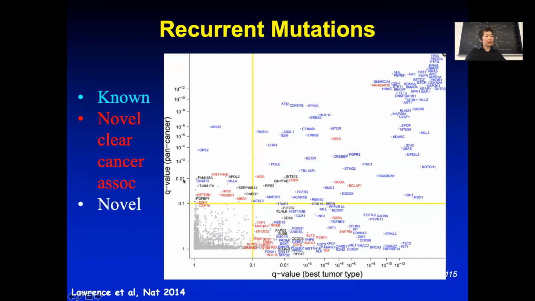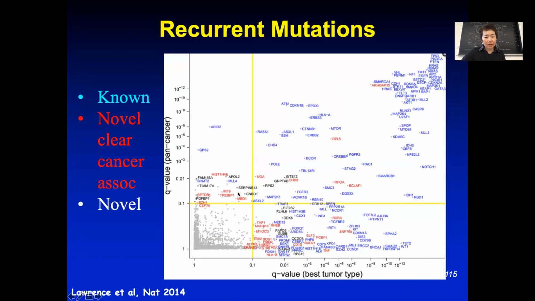By this time, TCGA has 33 cancer types. The x-axis is the recurrence of a particular mutation in just the best cancer type. And you can see some of these driver genes recurrently mutate in not only one cancer, but also in all the cancers. A lot of the mutations are already known.